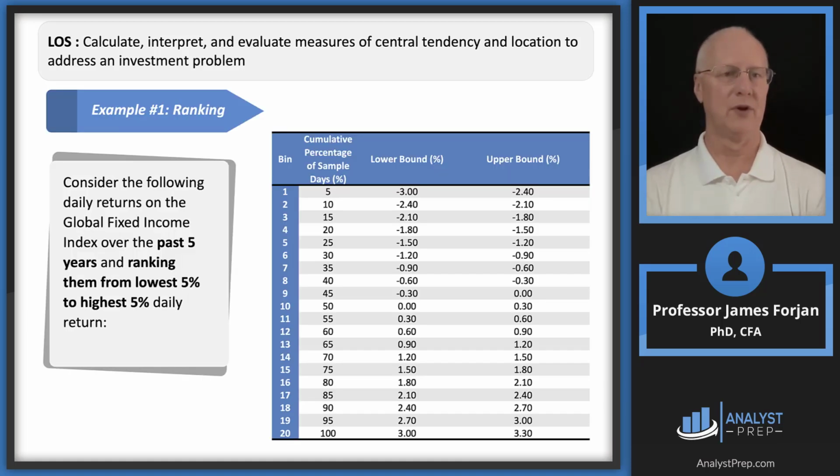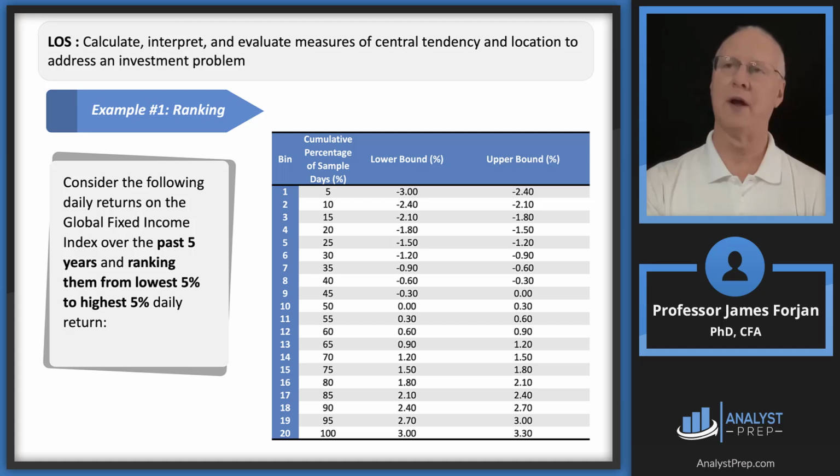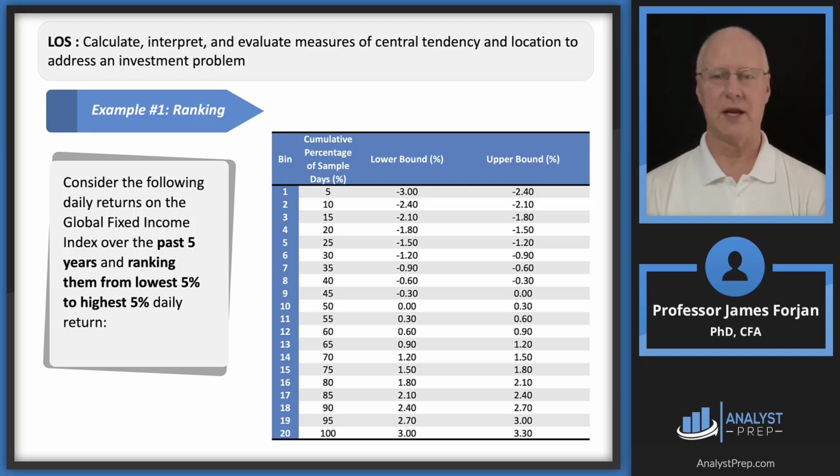We'll do an example here. So you ready for this? We've got daily returns on a global fixed income index over the past 5 years. Now, in the learning module, there's another column for number of observations. I think it's in the 60s for each one of these bins. We didn't duplicate that here because that's not too terribly important of a column.